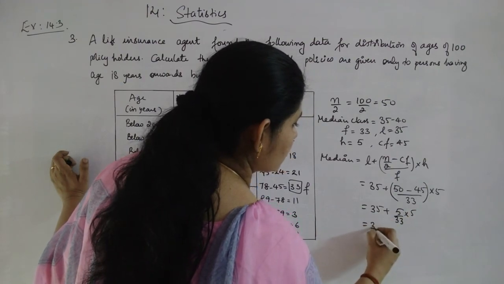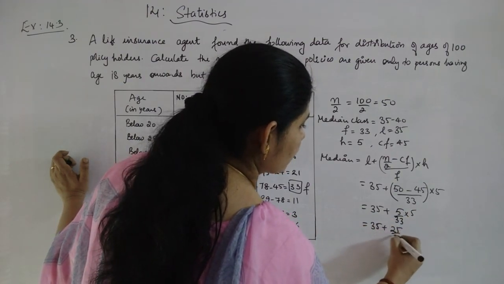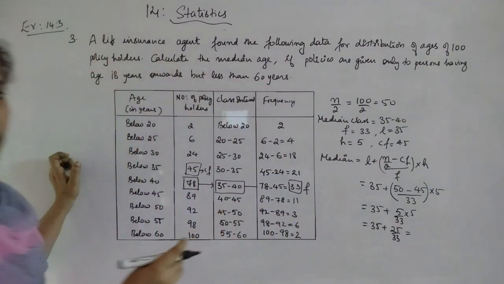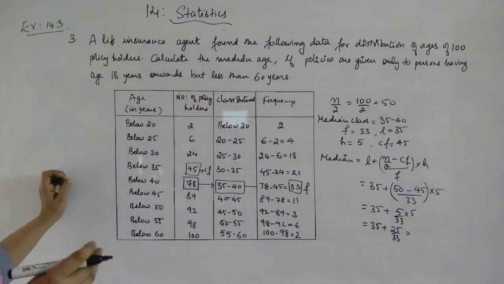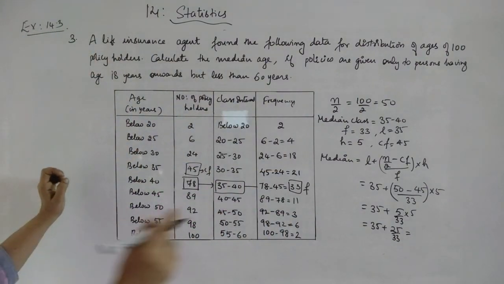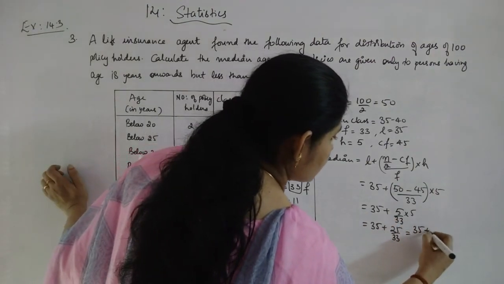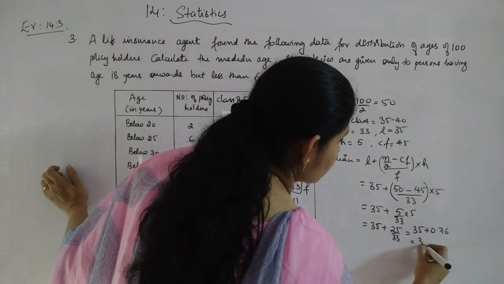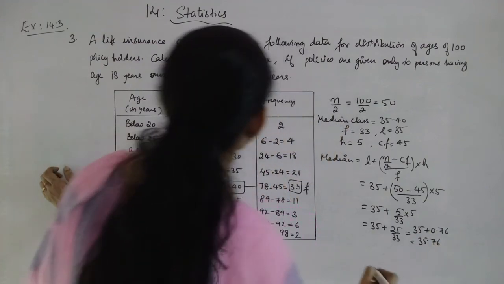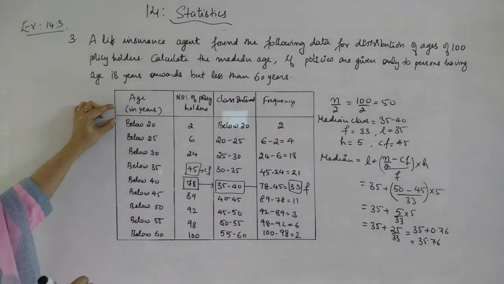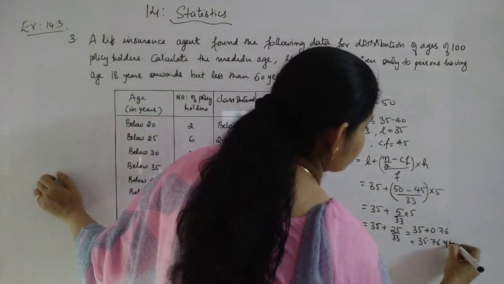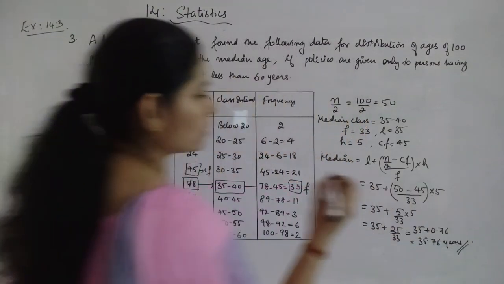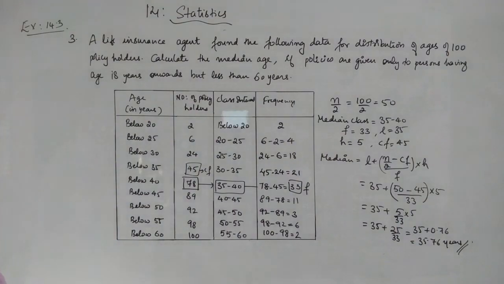So you are getting 35 plus 25 by 33, which is 35 plus 0.76, which is 35.76, and this is age. Median is in years. So 35.76 is the median for the given data.